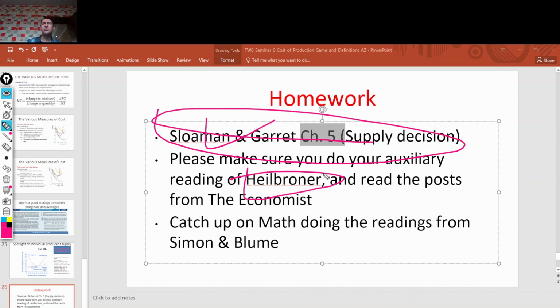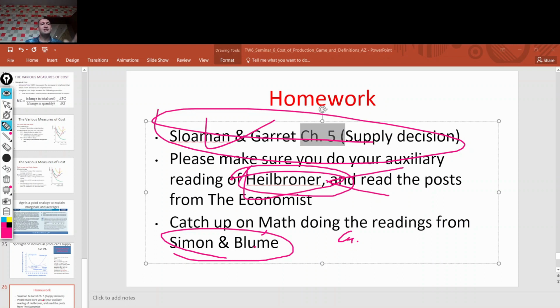But economics has social and personal dimensions, and I think this book brings them out in full view. A very important text to read. Please read that one. Heilbroner, you have it at the top of the Telegram channel. And Simon and Blume is to catch up on math. Please continue reading that. As far as derivatives are concerned, it's chapter 2, I think, right? Also at the top of the Telegram channel, we have it.